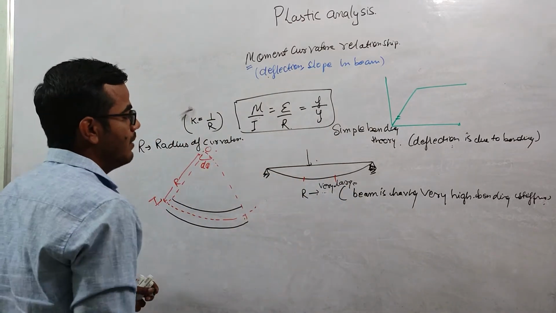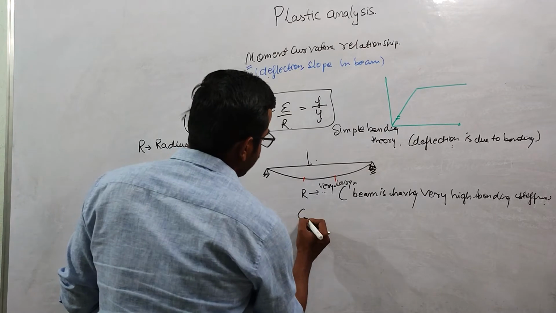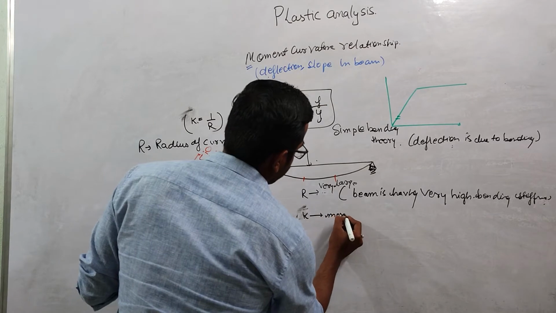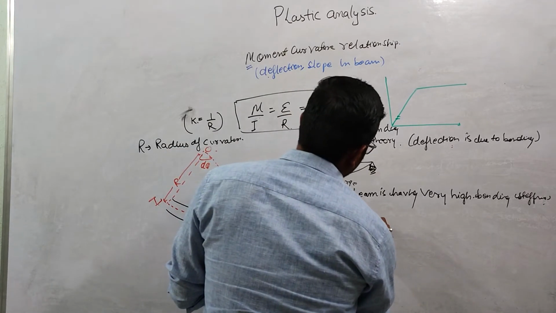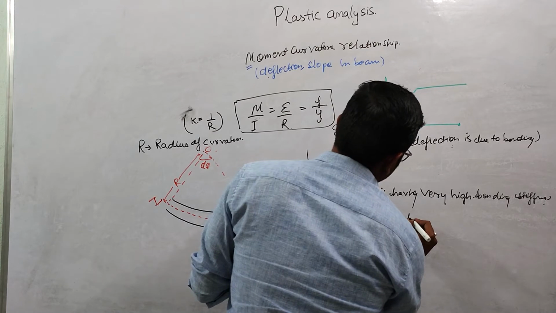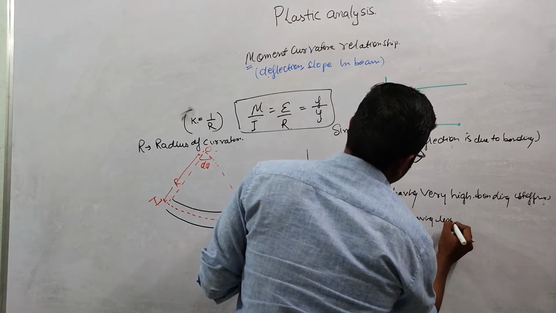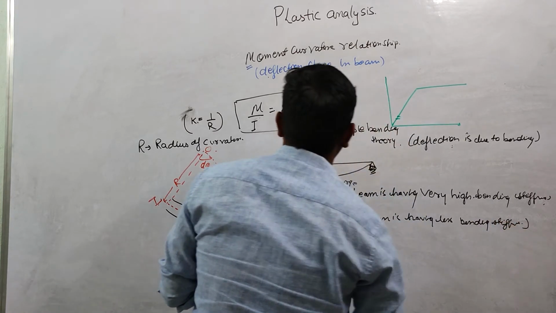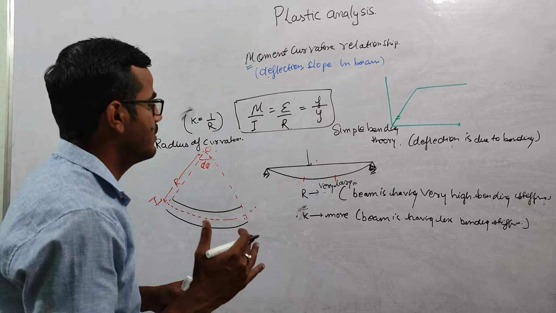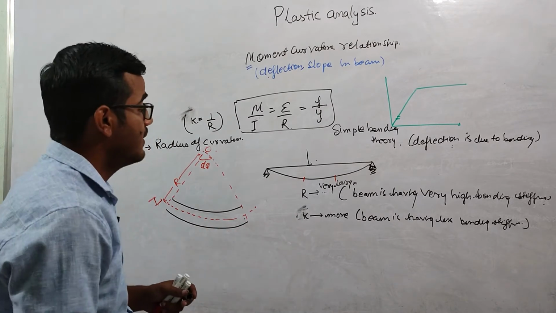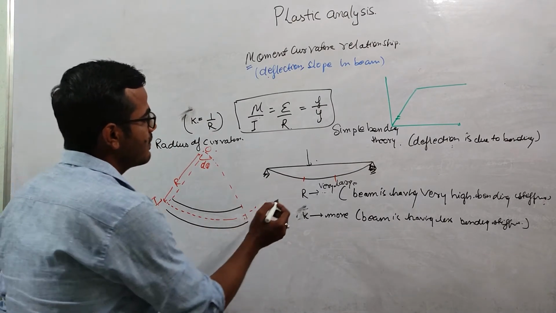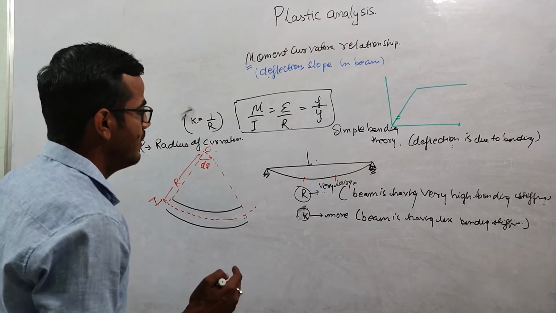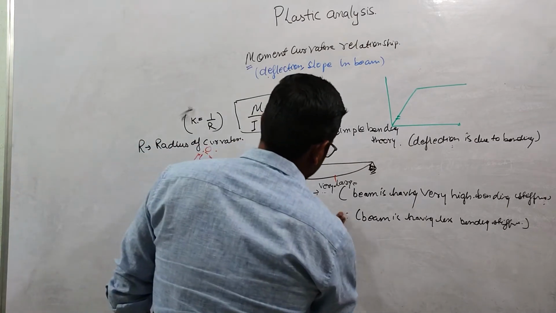It is difficult to bend the beam. Similarly, if curvature is more, then the beam has less bending stiffness. If your beam has sufficient bending stiffness, it is difficult to bend, and in that case the radius of curvature will be more and the curvature will be less.